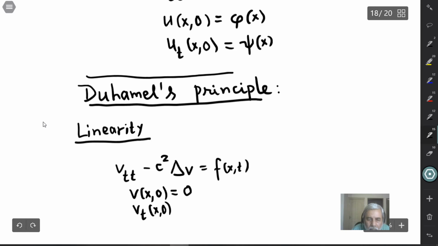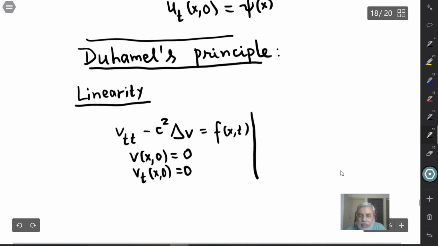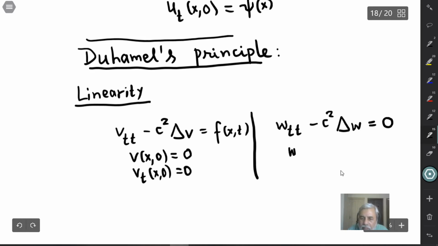And another one, we consider the homogeneous equation. So let me use that w. Now the homogeneous equation but with general initial conditions.